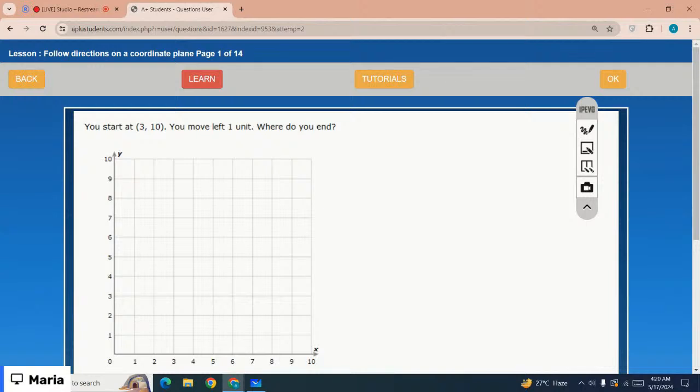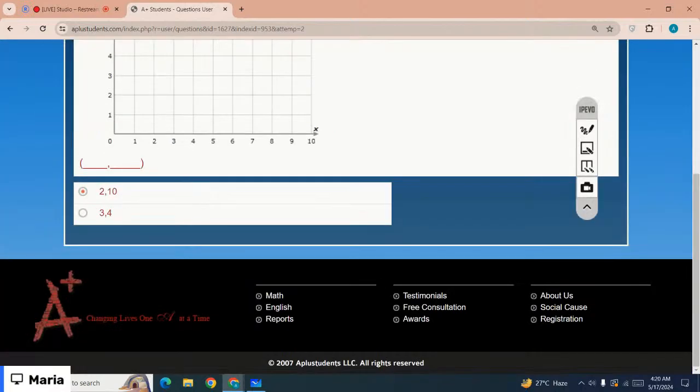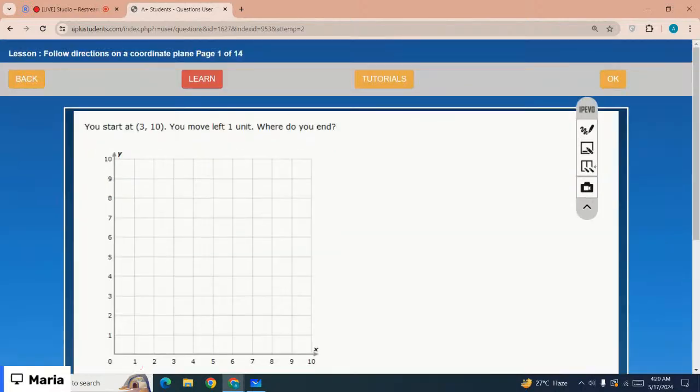So the correct option is 2 10. Oh, I forgot to click on the OK button. Sorry.